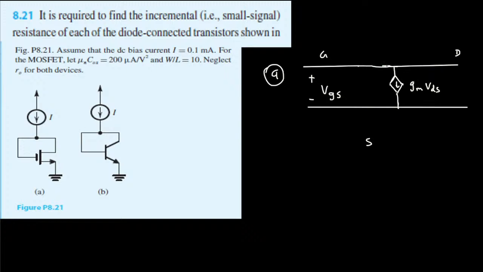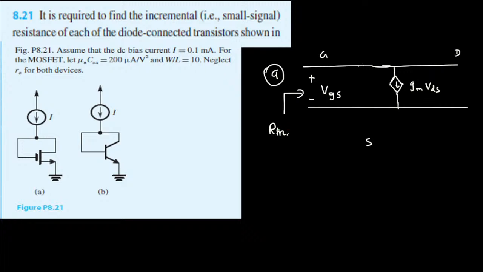This will be connected fully. Also they said neglect ro for both devices, so the output resistance is not there. The output resistance is usually between the drain and the source, and if it were there, it would be connected like this. But there's no output resistance. So the resistance we have to find is the input resistance, that is over here.